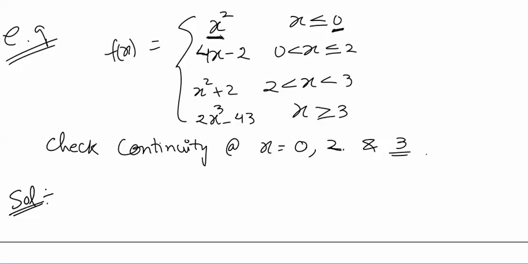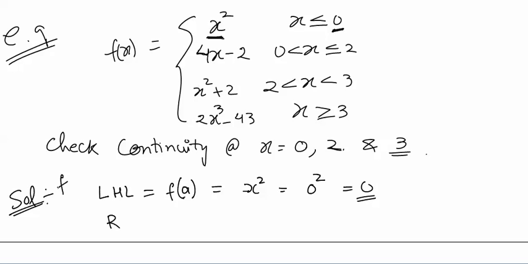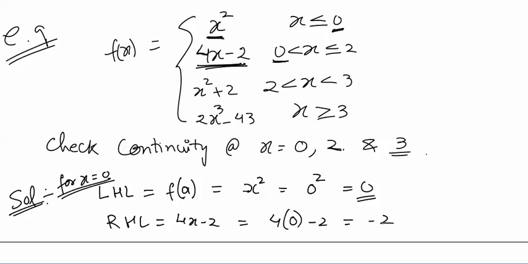So LHL is equal to f of a, and the function value will be x square, or 0 square, that is 0. Similarly, RHL means 0 plus, so we'll talk about this area. We'll take 4x minus 2 as the function value, and this is 4 into 0 minus 2, so it will be minus 2. So is the RHL equal to LHL equal to f of a?